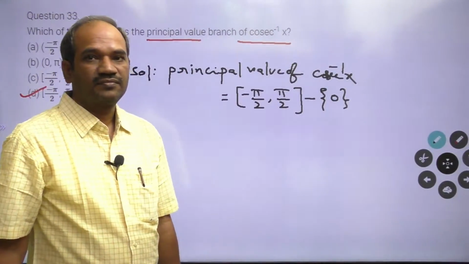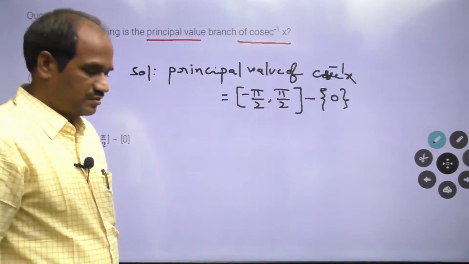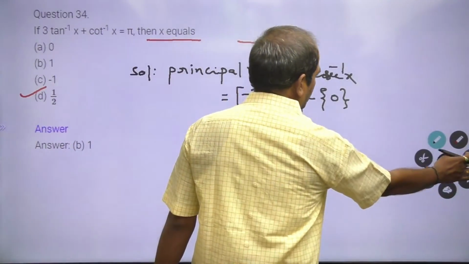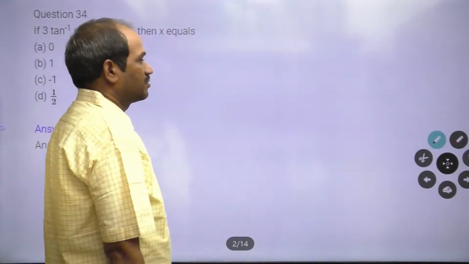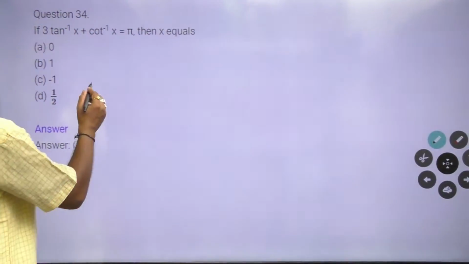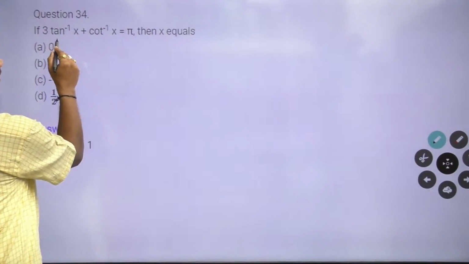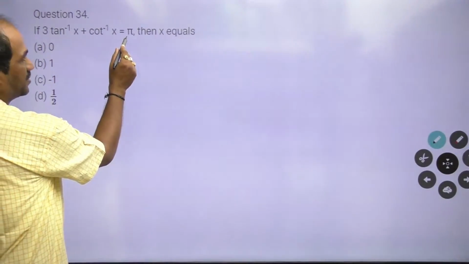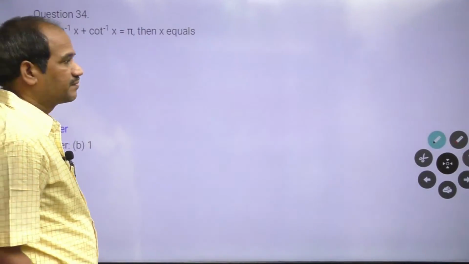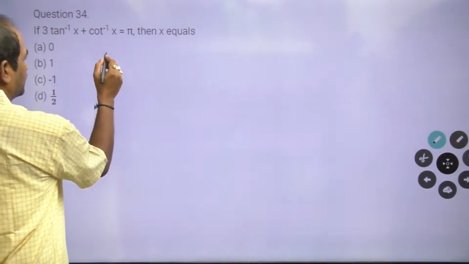Next question. If 3 tan inverse x plus cot inverse x is equal to pi, then x is equal to what?